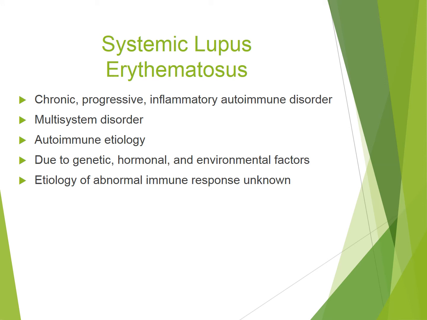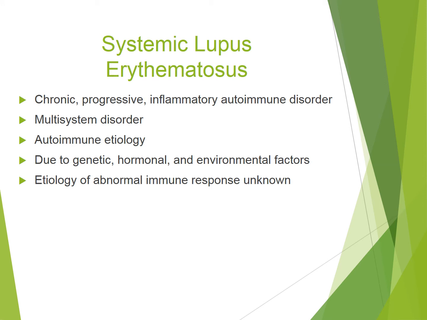Rather, research suggests that a number of different genes are involved in determining the person's likelihood to get the disease, okay? I don't know what those genes are. That's for the researchers out there. But there is a genetic predisposition to lupus. So genetics does play a role.